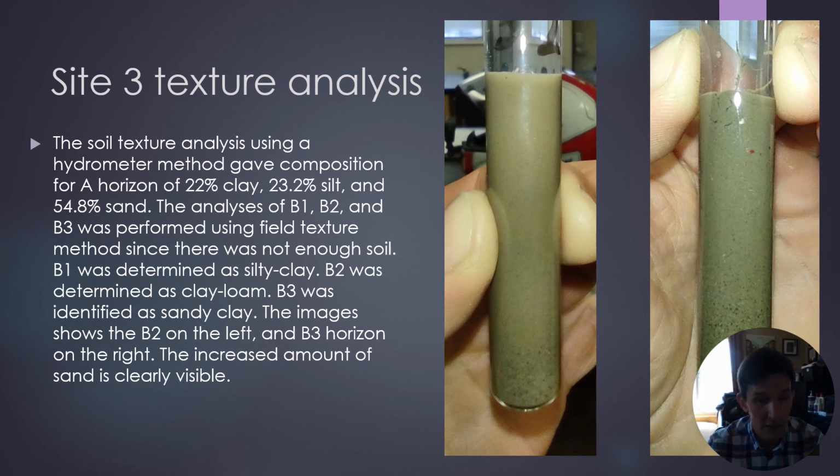We identified that B1 horizon as silty clay, so still quite a lot of silt in there, which is to be expected if the creek would occasionally overflow its banks and deposit some silt in this area. And then as we go down, B2 was a clay loam, and go even deeper, we get sandy clay.